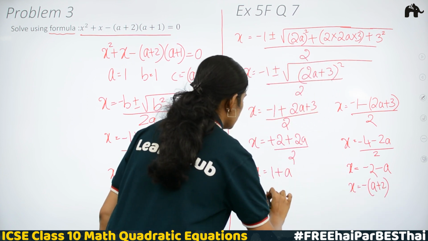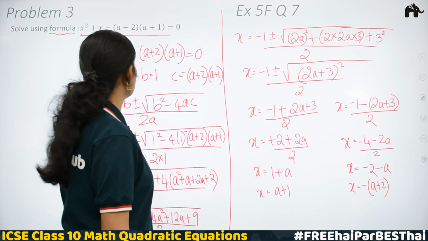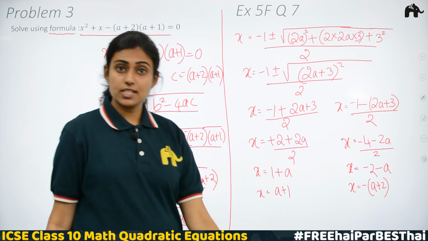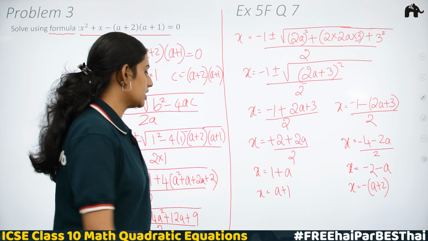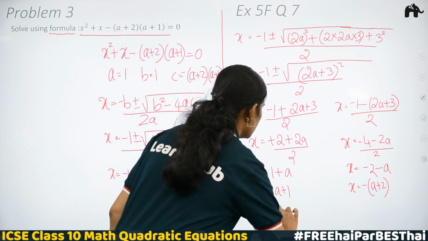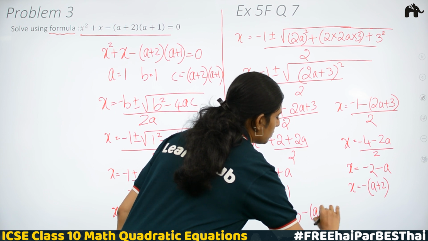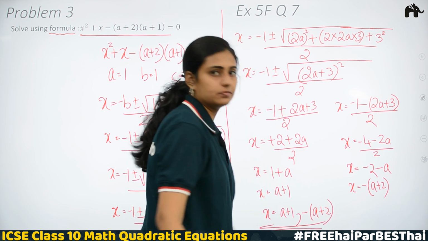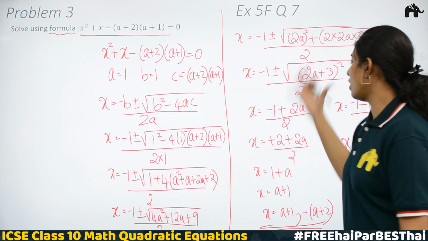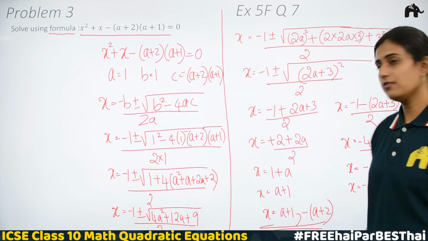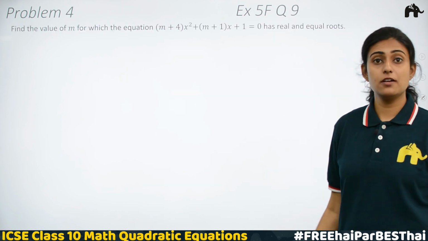And here x is equal to a plus 1. The possible values of x, or the roots of the given quadratic equation using the formula method, are x equal to a plus 1 and minus (a plus 2). Clear? Just substitute the values of a, b, c in the formula and solve to get the values of x. Okay? Next question, problem 4.